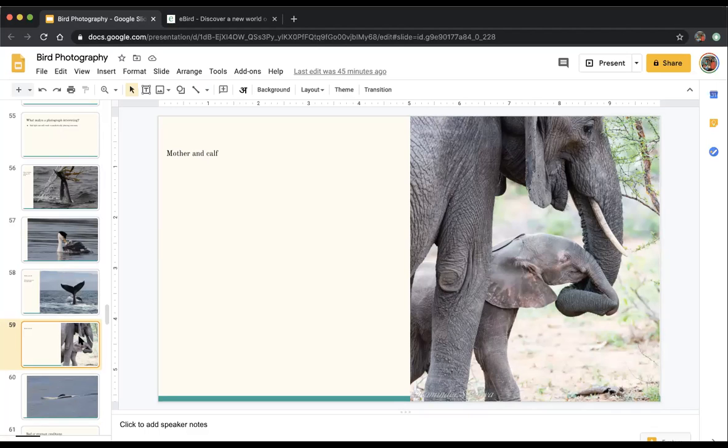They were always in physical contact with each other. The mother always knew where it was. Her legs or body or trunk was in contact with it. And to me, in this picture, just the expressions on the faces are very emotionally expressive. So you look for this sort of stuff, and elephants are amazing at this.